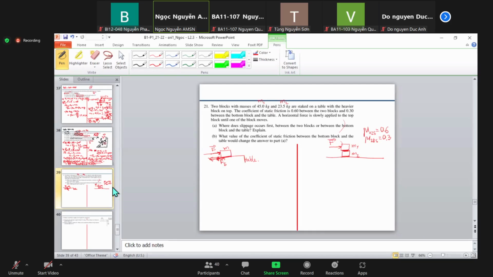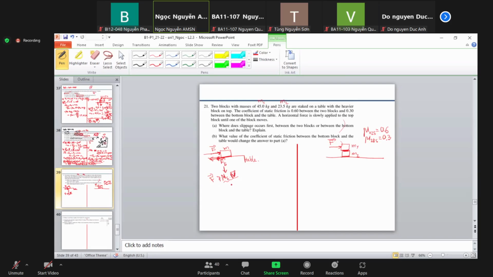Okay, and when you increase it to the value of mu_s multiplied by N, when the force you are acting on the object starts to get over this value, the object starts moving.